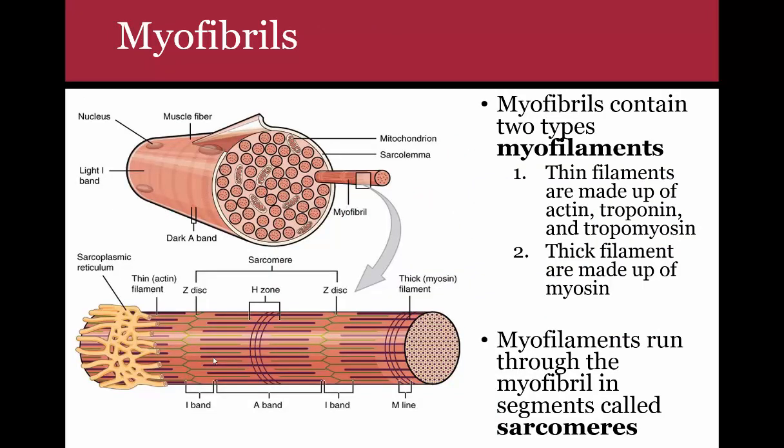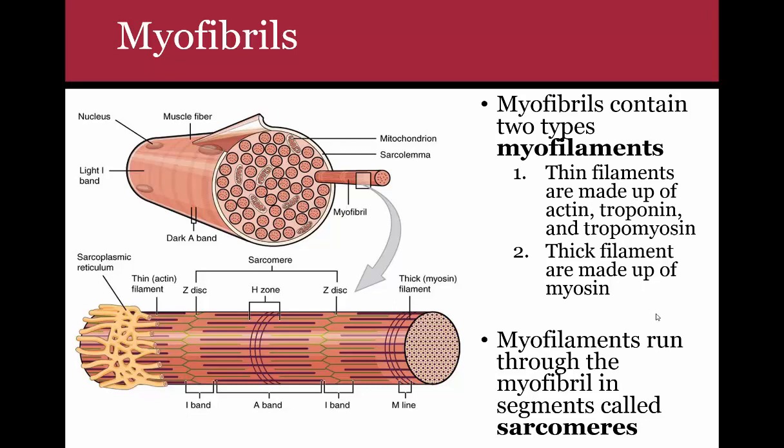And this is going into detail again. You have myofilaments, which are the small fibers within the myofibrils. There are two types of myofilaments. There are thin ones, which contain actin and troponin, which you probably have heard of from high school physiology.